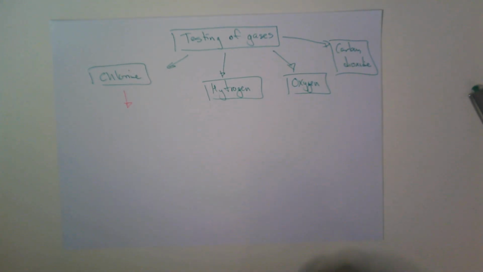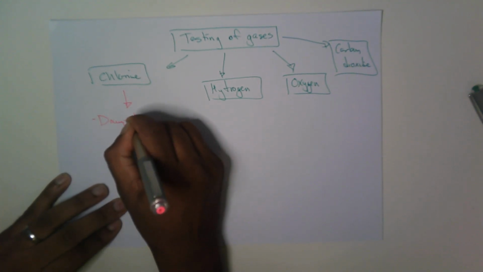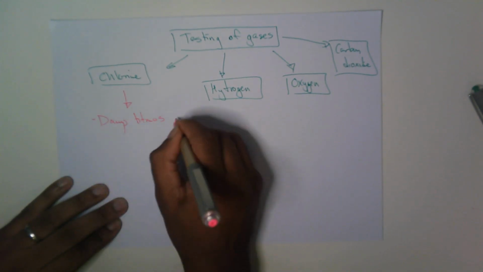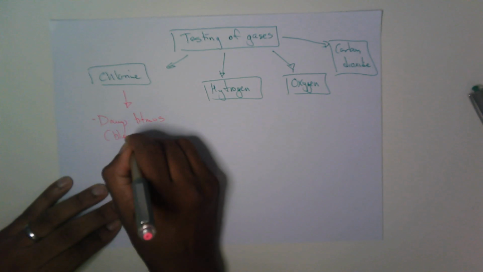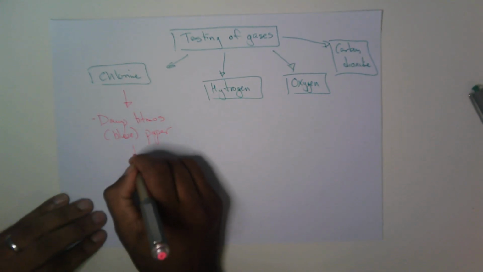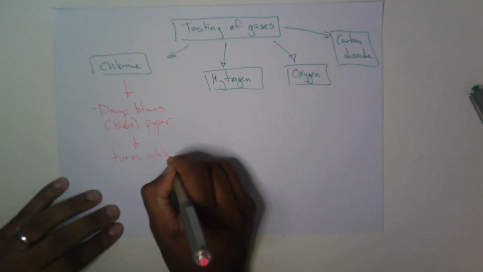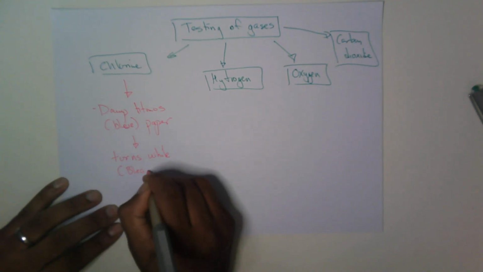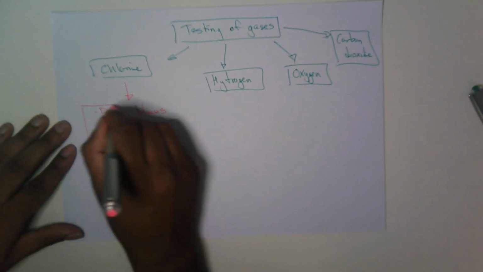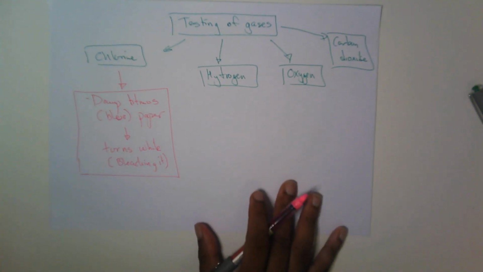The main way you test for chlorine is you get a damp litmus paper, which needs to be blue, so damp blue litmus paper, and what will happen to that, it will actually turn bleach white. So what you end up doing is you end up bleaching it. So that's what happens with chlorine gas. So it's an easy test. You get blue damp litmus paper, and then it will bleach, it will turn white.